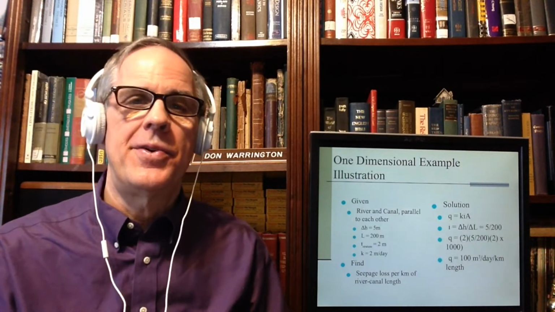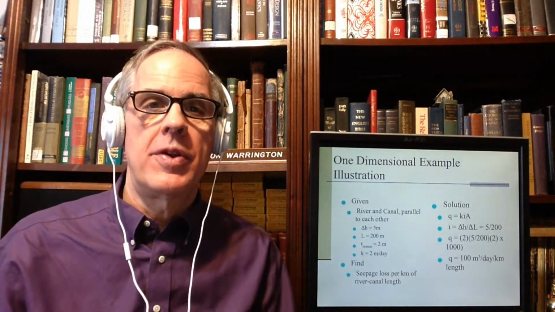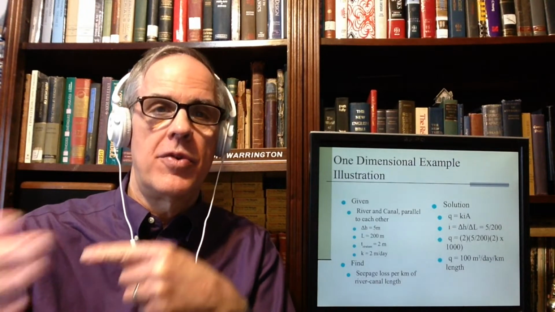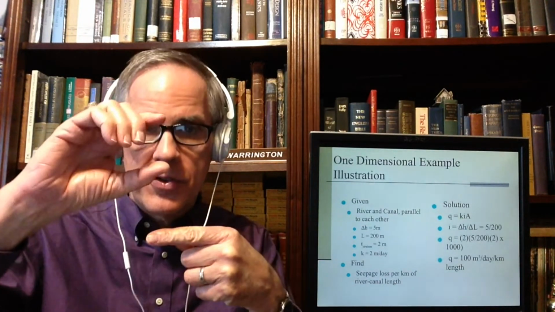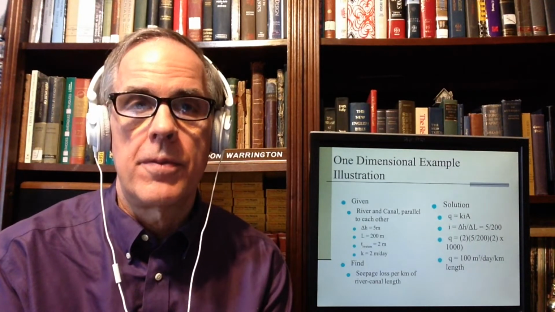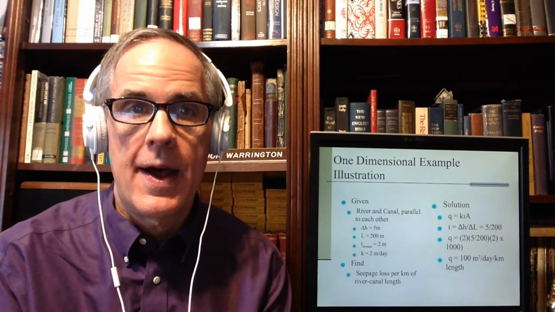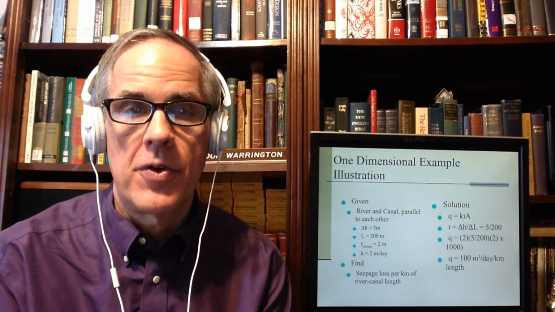What we're going to do is basically assume that we're dealing with a kilometer length. In other words, the width of this thing is 2 meters this way and 1,000 meters this way. Now we compute the Q. First, K, which is 2 meters per day. Plug and chug. Second, I, which is 5 over 200. Plug and chug.